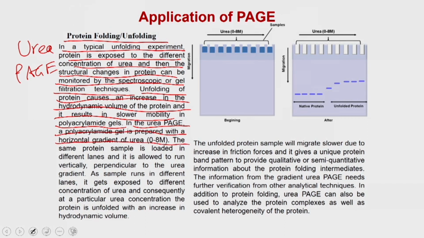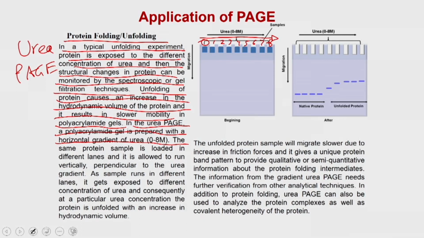which means this lane is going to have 0 urea, and then 1, 2, 3, 4, 5, 6, 7 and 8 molar urea. Now, the question comes: how can you cast this particular type of gel?